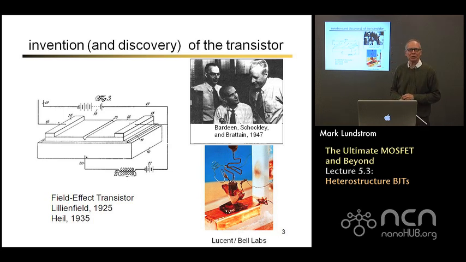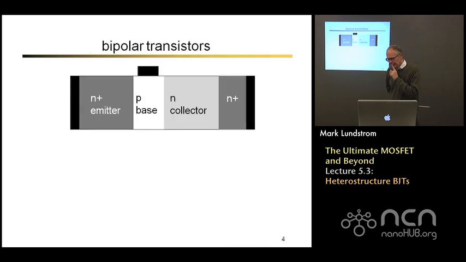It would be hard to predict what this would lead to, but it led to modern electronics that we enjoy today. Later on, William Shockley came up with a better structure where you would implement a similar type of device using PN junctions, and that's what we call the BJT, or bipolar junction transistor.